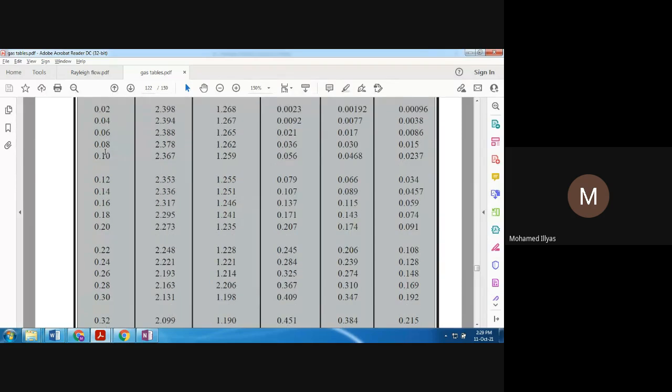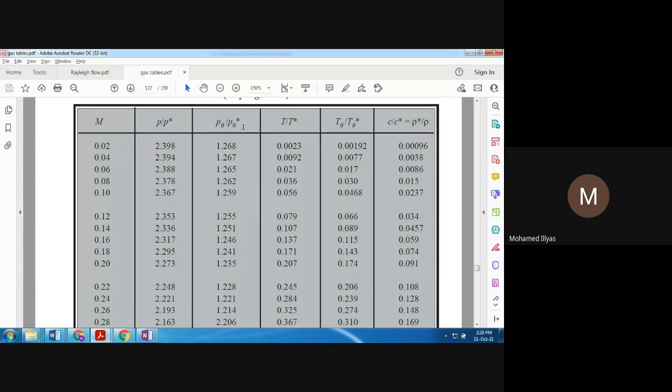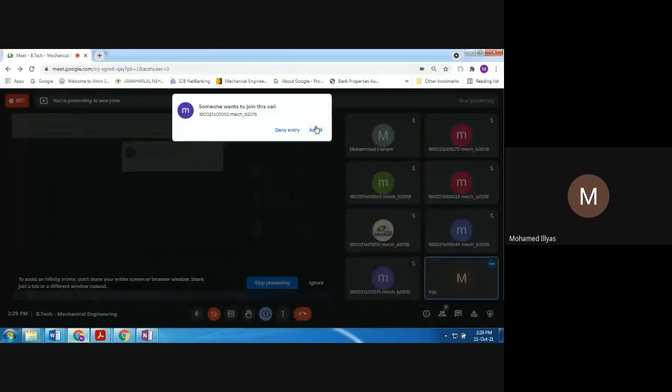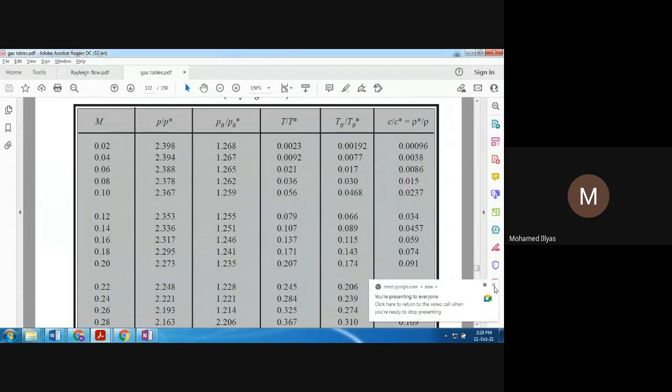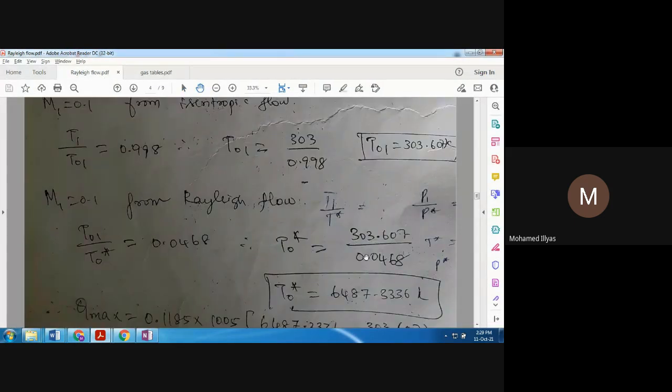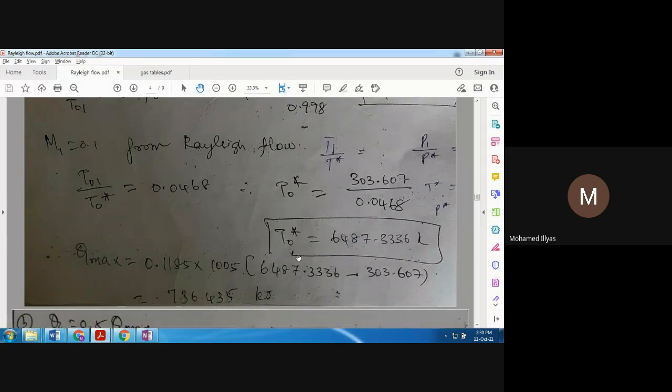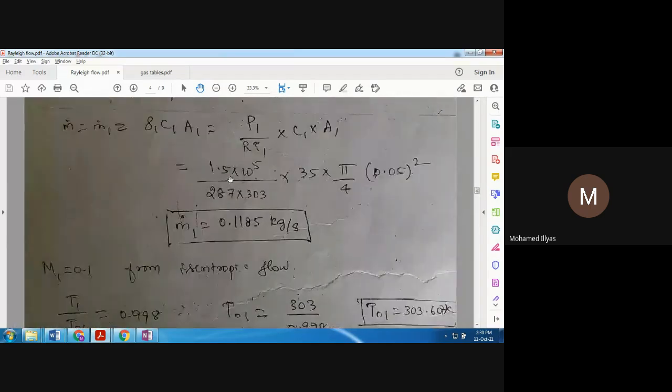For the same 0.1, in the fifth column, T0 by T0 star is 0.0468. Already we know T01, so we can write T0 star equal to T01 by 0.0468. Substituting the T01 value, we get our T0 star as 6487.336.